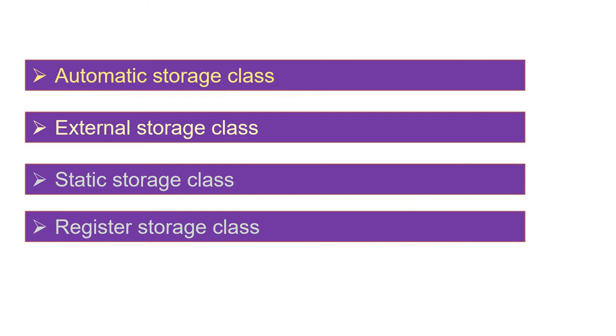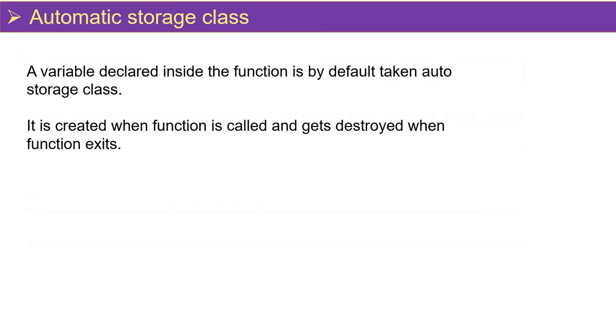So these variables are stored in the CPU registers. If you frequently access these variables, you are going to save a lot of time. That's the reason why we make use of the register storage class. So these are the four different storage classes in C.